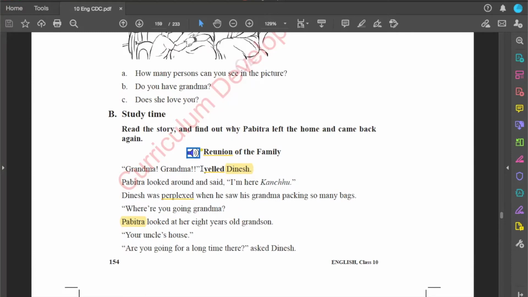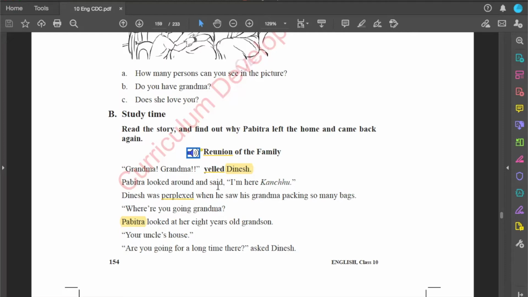Yelled means when you want to say something in excitement or with a loud voice. So yelled Dinesh means he shouted or spoke in a loud voice. It seems he has something to tell her.